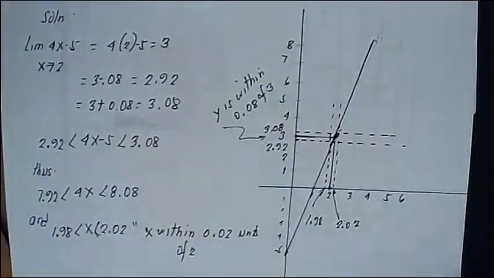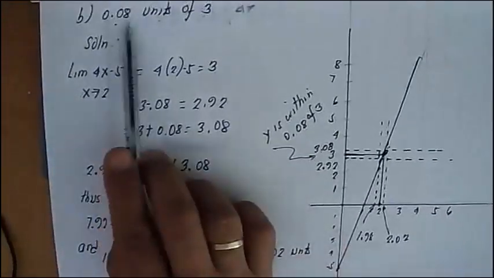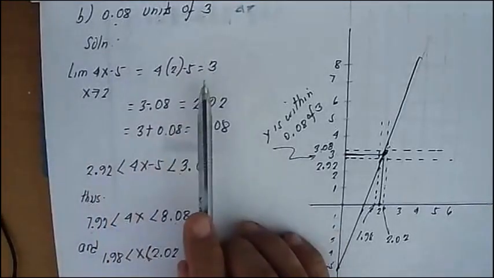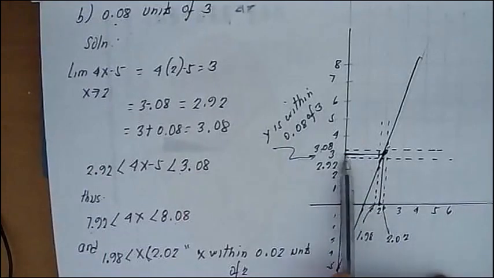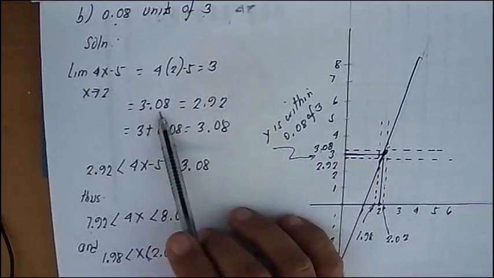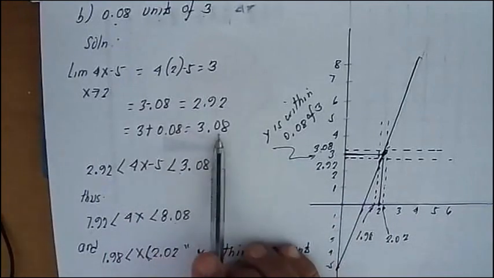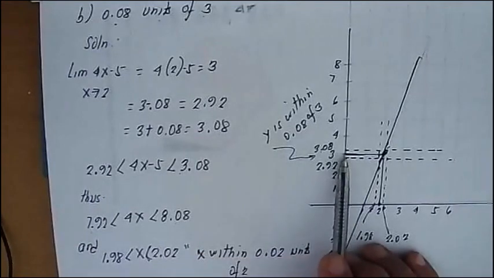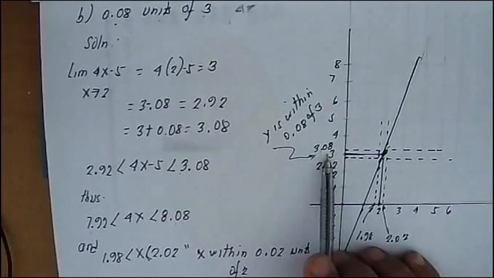Next, for letter B. Okay, ito yung letter B po natin. 0.08 units of 3. So, 3 siya, no? As x approaches 2, our y is equal to 3. So, 3 minus 0.08 is 2.92, and 3 plus 0.08 is 3.08. Ito na yung 3 natin, which is 0.08 unit of 3. We have 2.92 and 3.08.